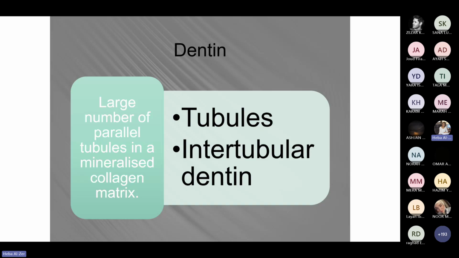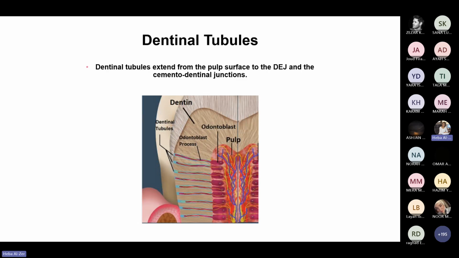So dentine, as I have said, is composed of large numbers of tubules lying in a mineralized collagen matrix called intertubular dentine. Let's see that. So here is the pulp. We will discuss it next week.